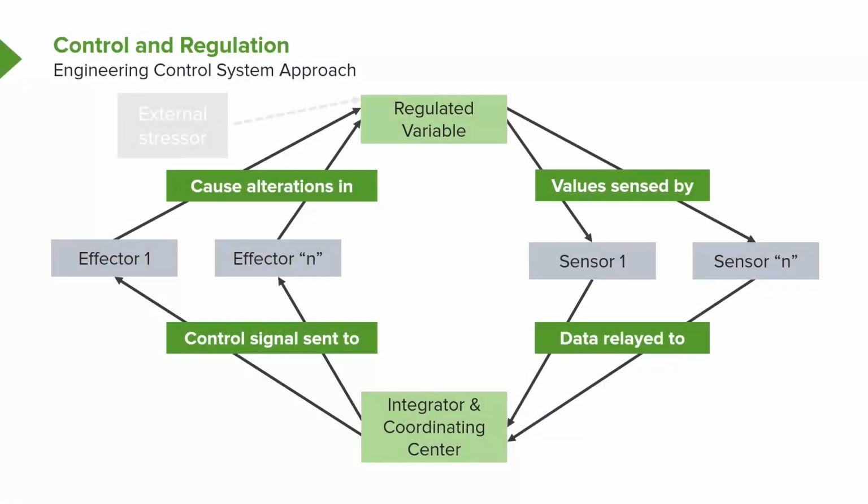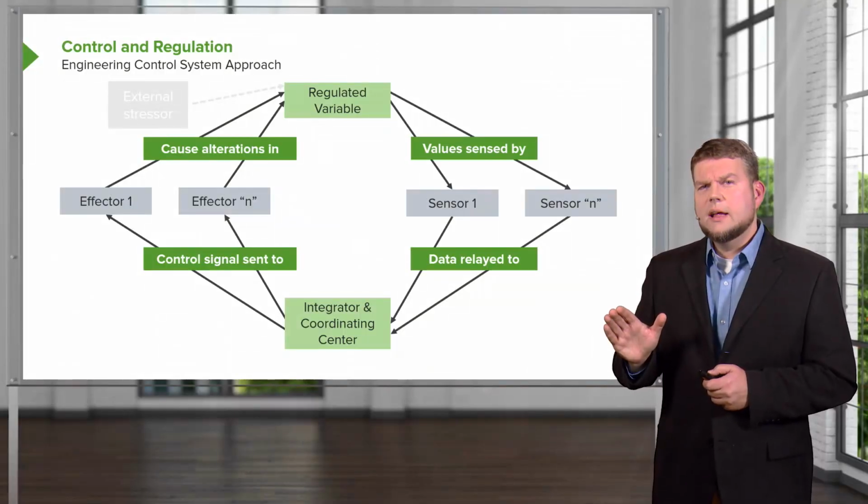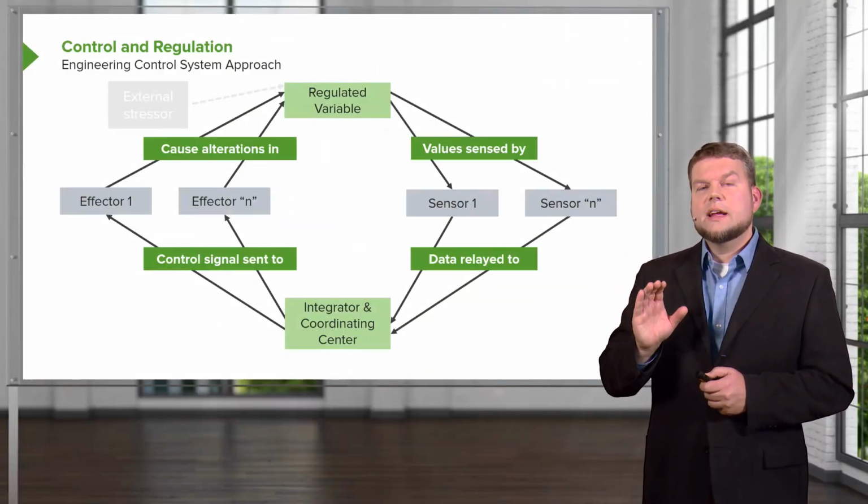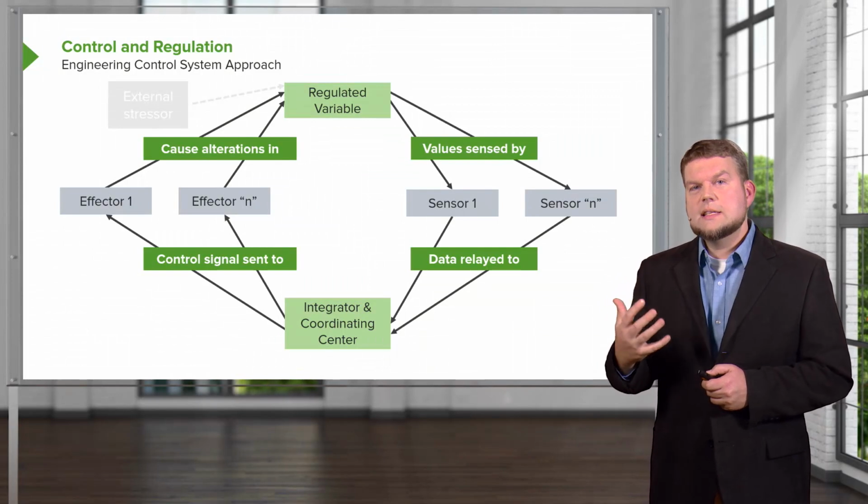So we have this four-pronged system where we have a regulated variable, sensors, an integrator and coordinating center, and effectors, all trying to do the various aspects of making sure our regulated variable is regulated within a certain range.